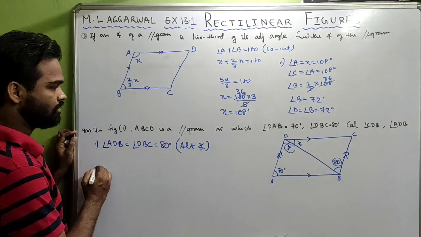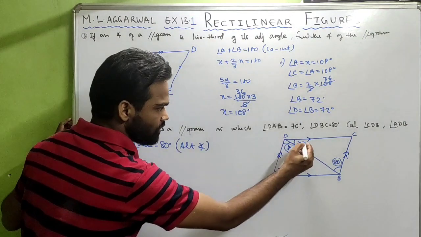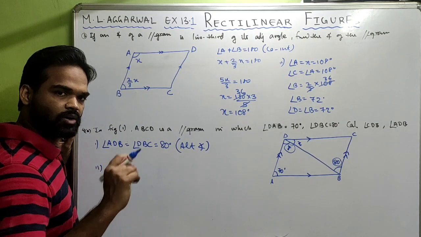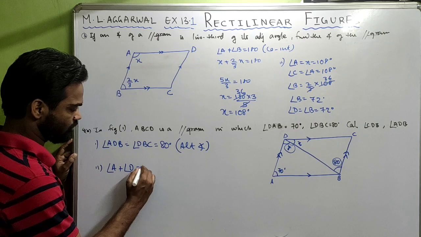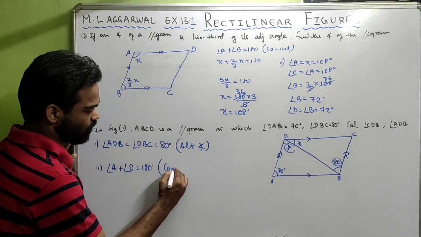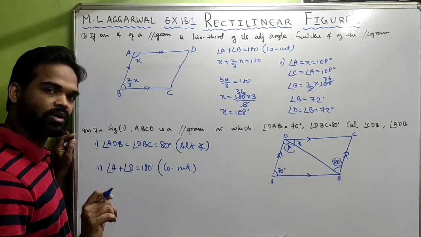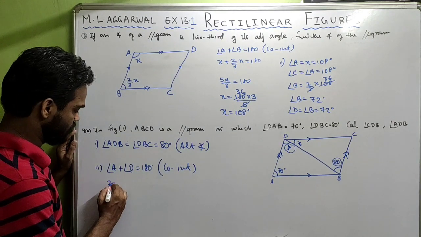So this is done. Now they've asked for this angle. Now angle A plus angle D is 180 degrees. They're co-interior. Can I write angle A plus angle D is equal to 180? That's co-interior. Adjacent angles are co-interior. They add to give 180. Now angle A is how much? 70.